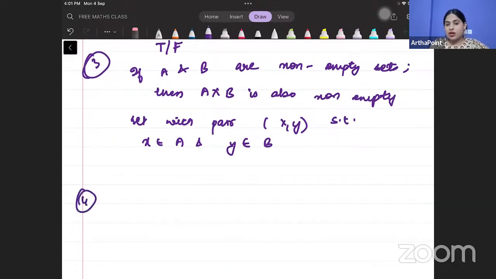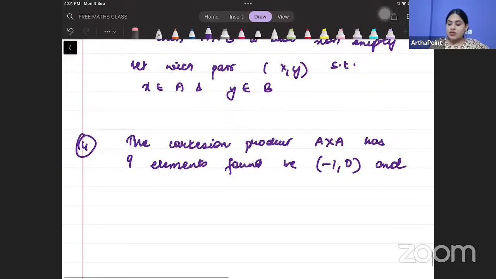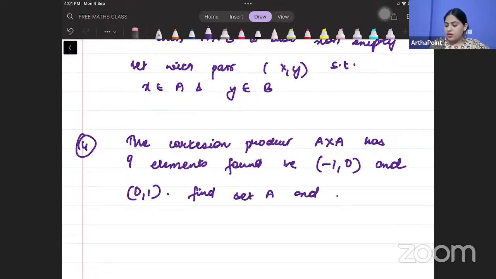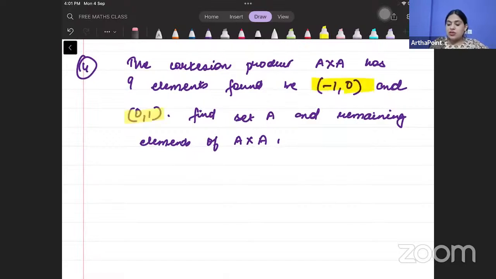Question number 4. The Cartesian product A cross A has 9 elements, among which are found to be (-1, 0) and (0, 1).